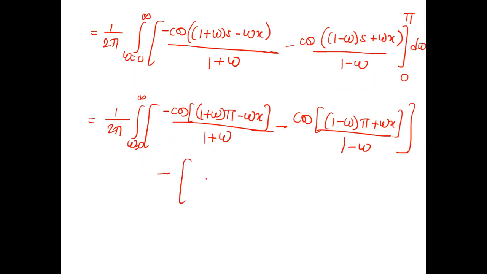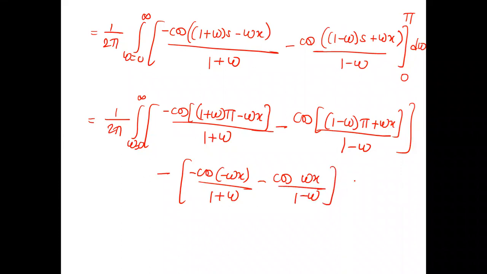Minus the lower limit, at s you write 0: minus cos of 0 minus omega x upon 1 plus omega, minus cos of 0 plus omega x upon 1 minus omega. Okay, done with upper and lower limits, and then complete this with respect to omega.